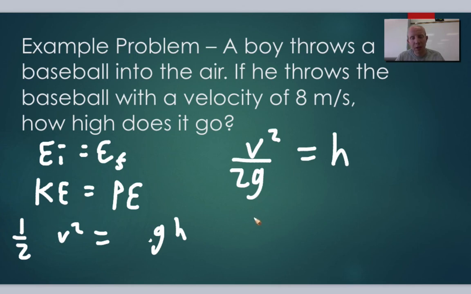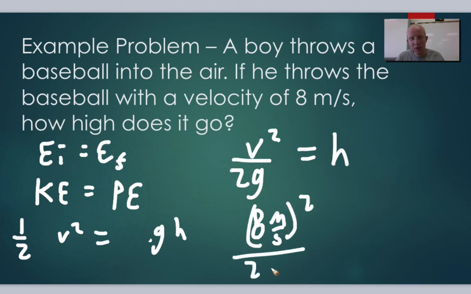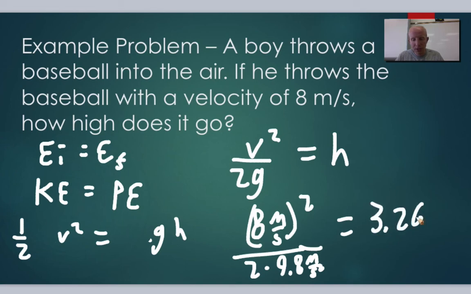And again, we can just plug in 8 meters per second squared over 2 times 9.8 meters per second squared. We plug that into our calculator, 8 squared divided by 2 times 9.8, don't forget parentheses, and we should get that the ball goes 3.265 meters into the sky.